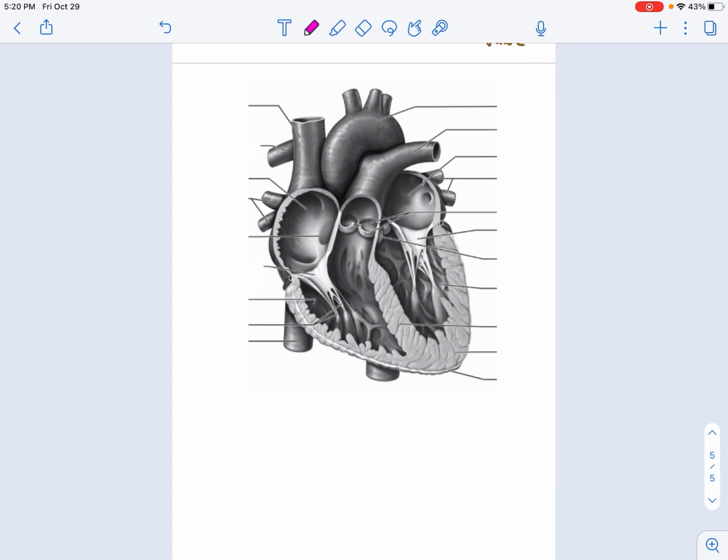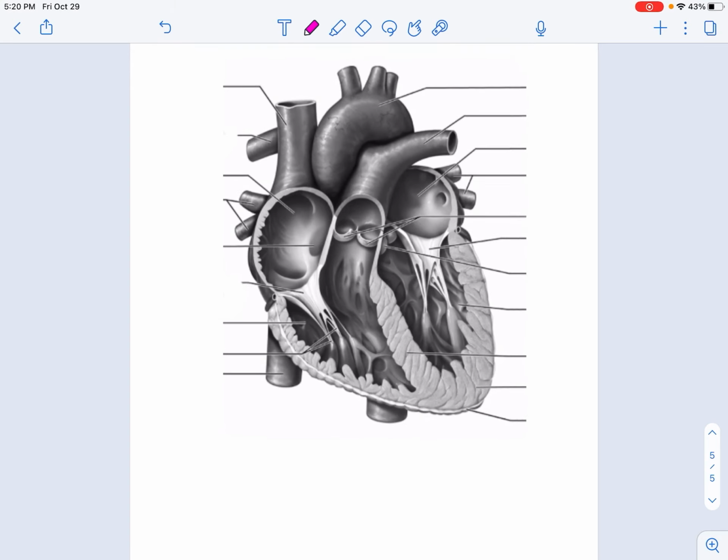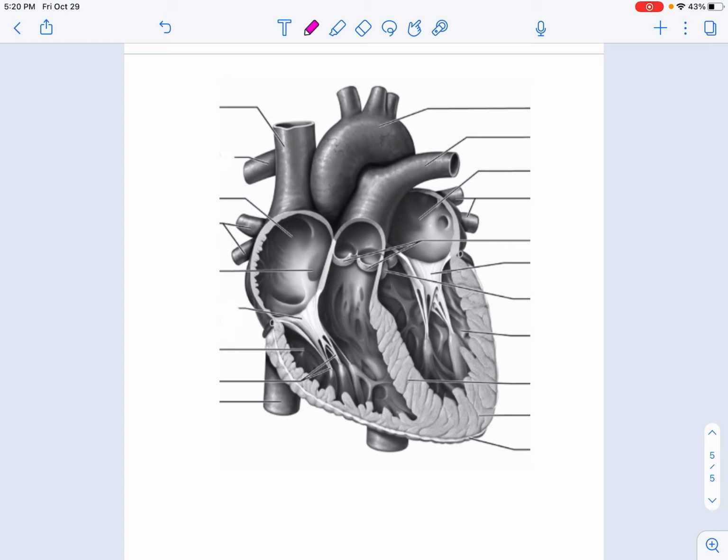Now we have cut the heart open here, and we've got our superior vena cava, deoxygenated blood coming into the right atrium. We have the inferior vena cava, where blood also enters the right atrium.